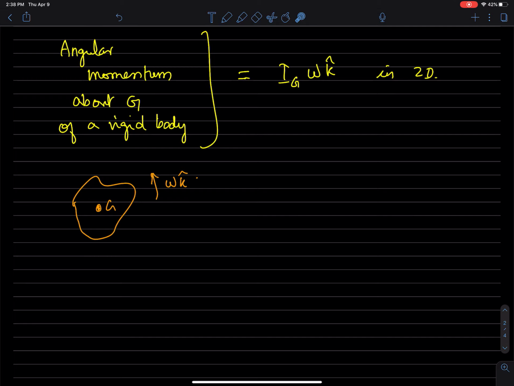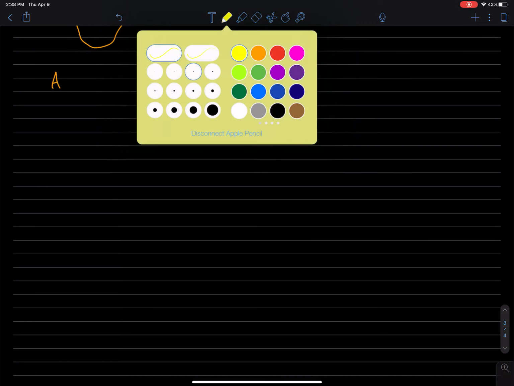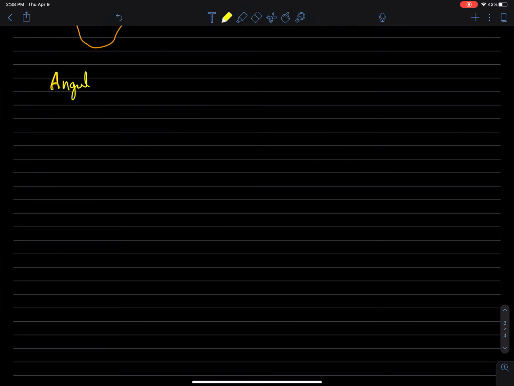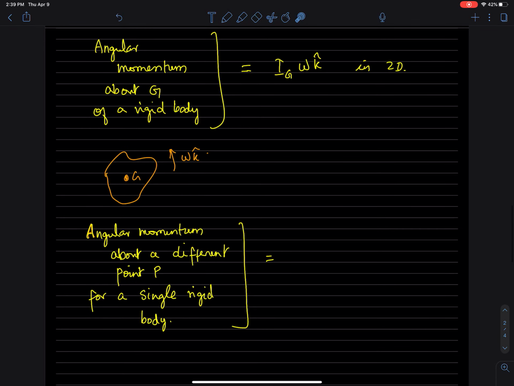Now that's the angular momentum of a single rigid body. If you want angular momentum about a different point P, for a single rigid body, that's going to be equal to, it's rather similar to what we did before.